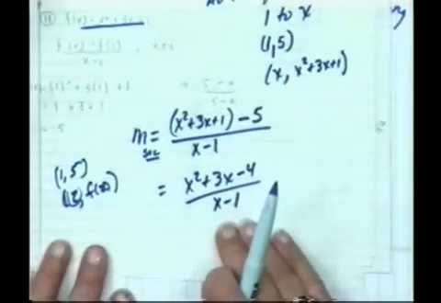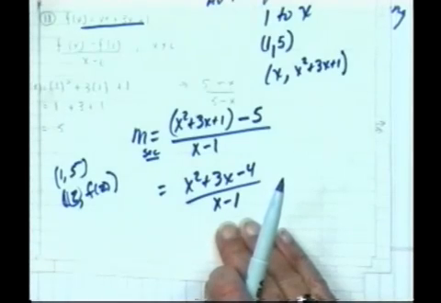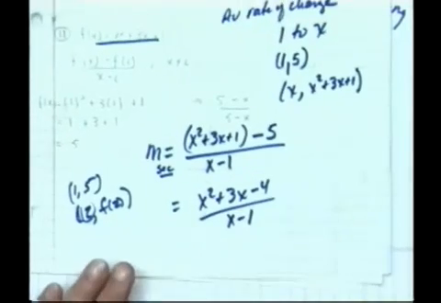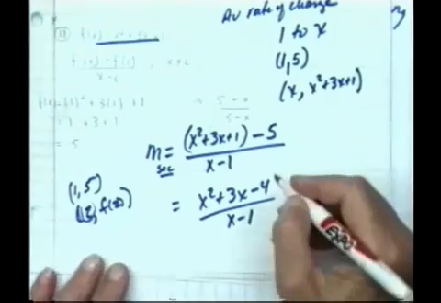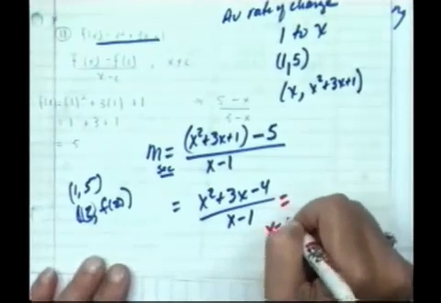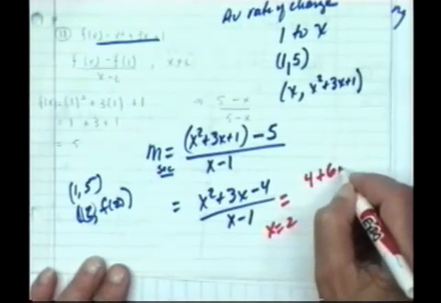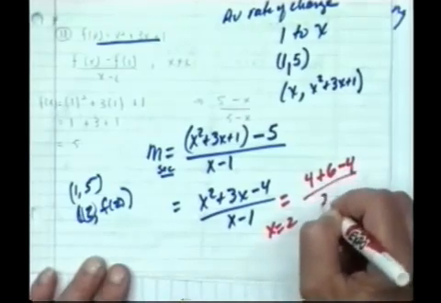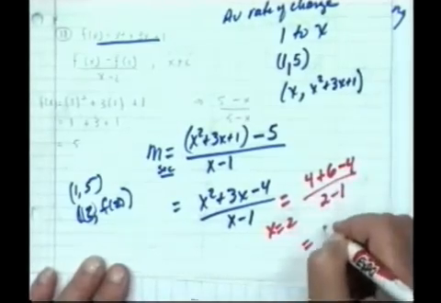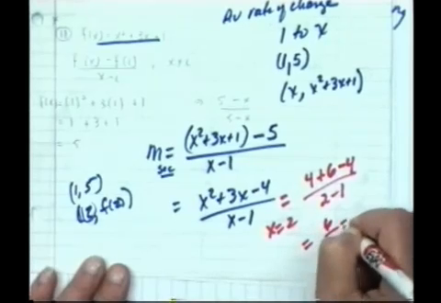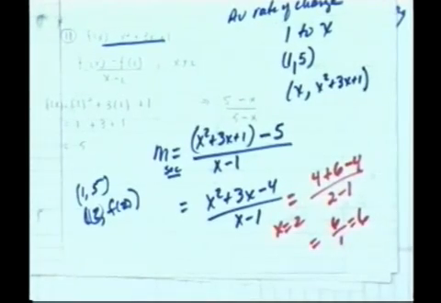We found the formula between 1 and any other value of x, so we'll put in a 2 for x. We get 4 plus 3 times 2 is 6, minus 4, over 2 minus 1. So we have 6 over 1, or 6.